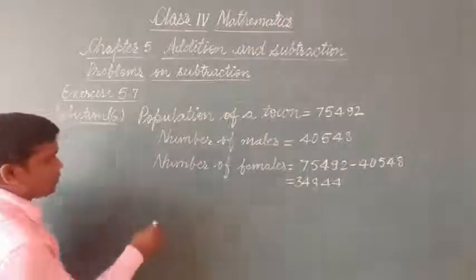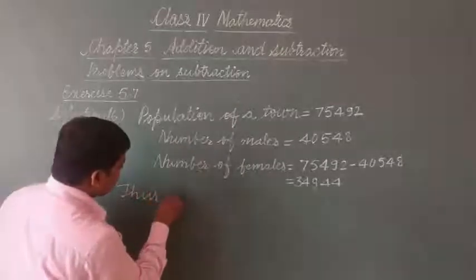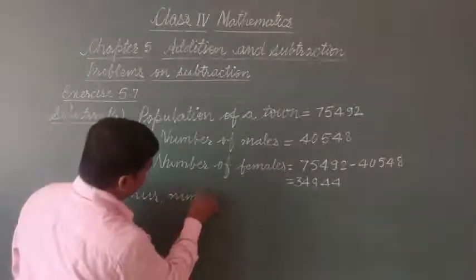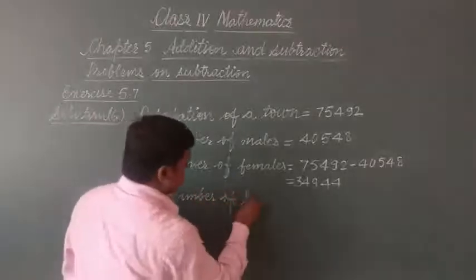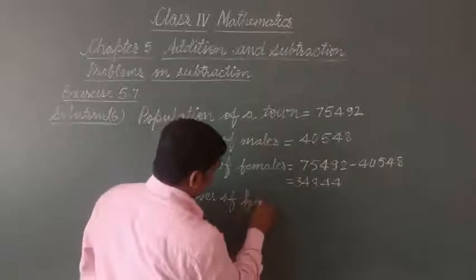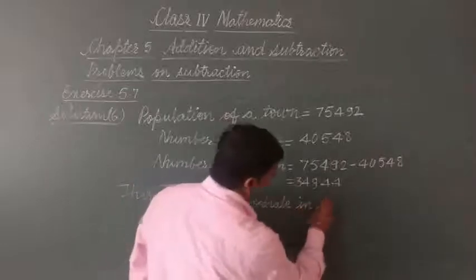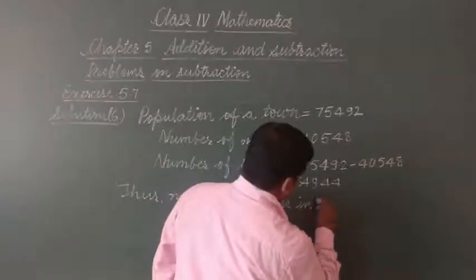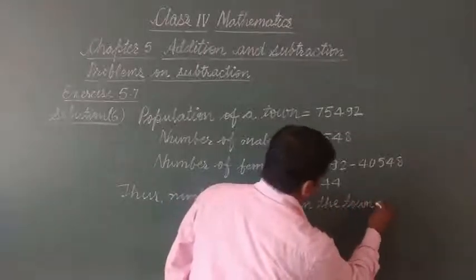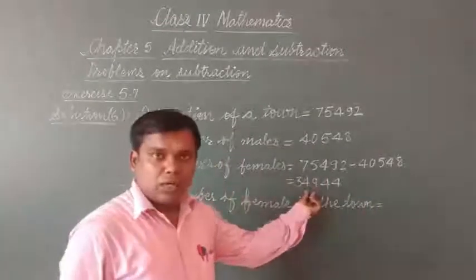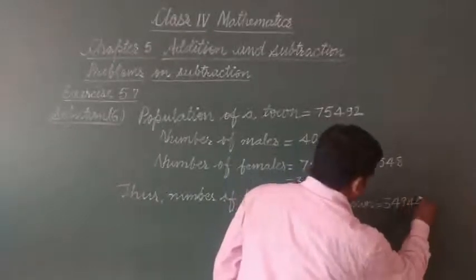Thus number of females in the town is equal to 34,944. Answer.